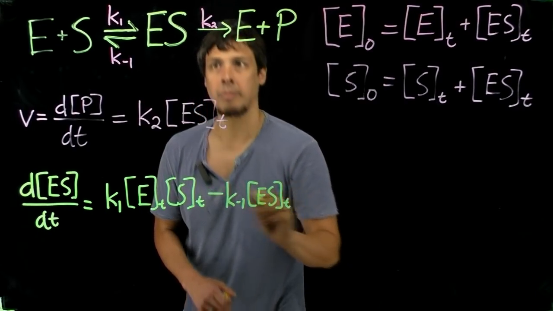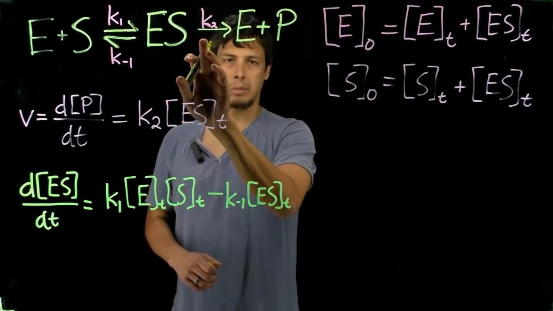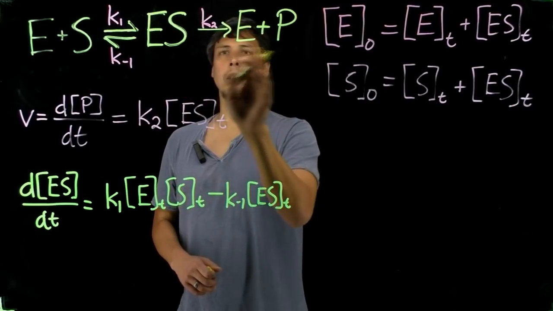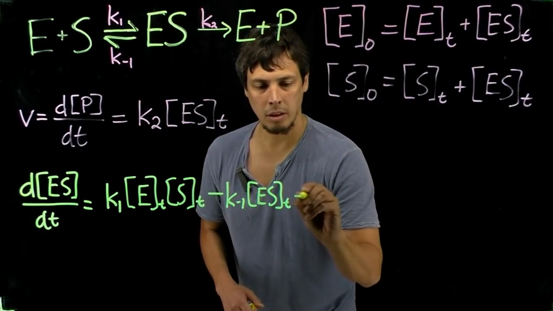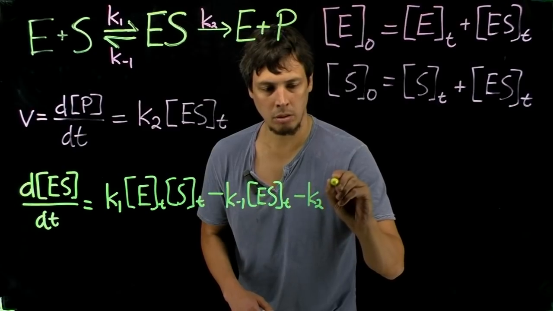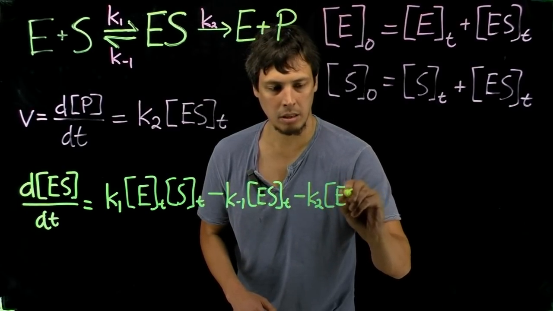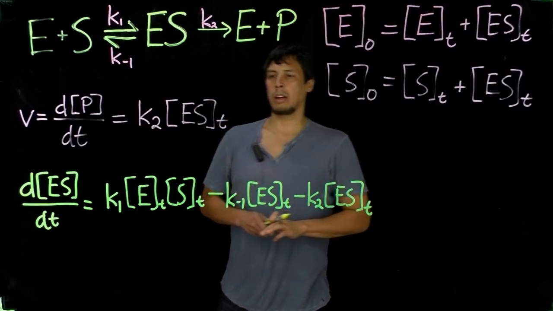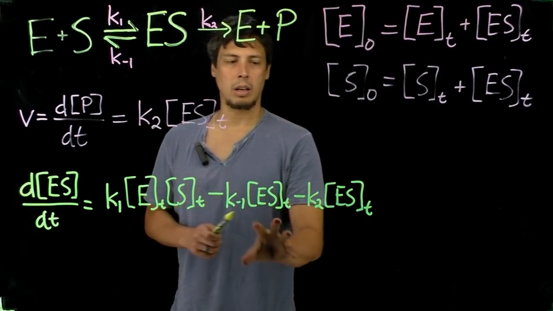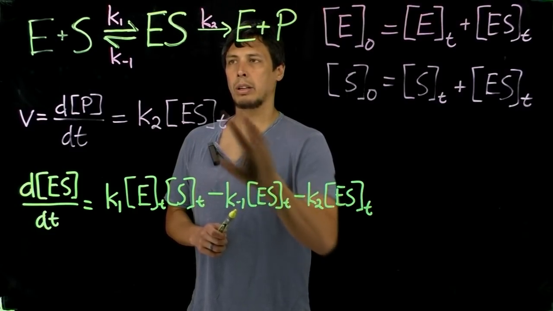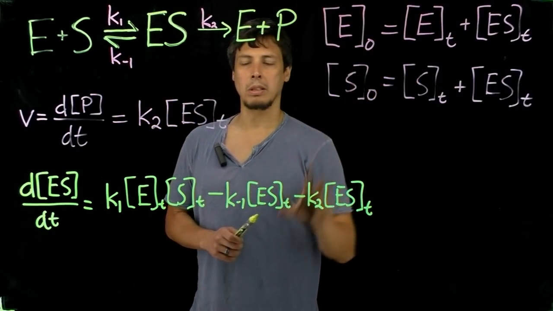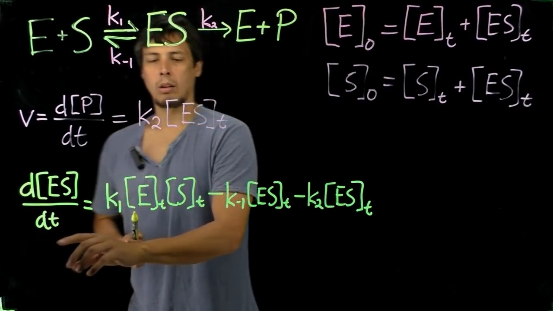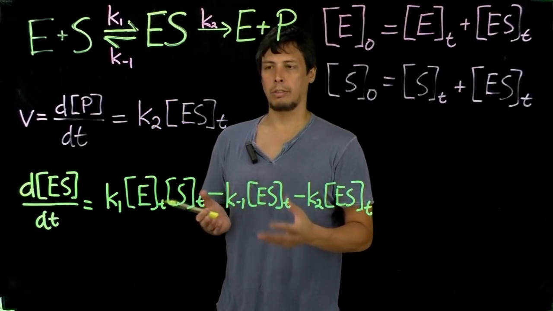And then a second consumption pathway where ES is consumed to form enzyme and product, which is irreversible: minus K2 ES of t. So now we have all the rate constants and their relationship to the concentrations of species along the pathway, as it relates to the change in ES over time.